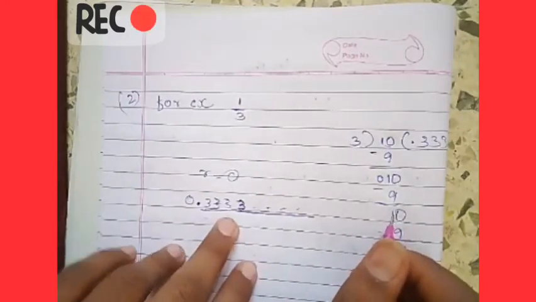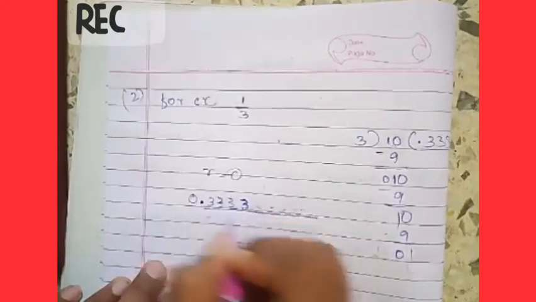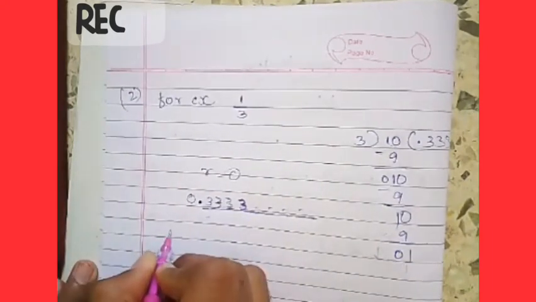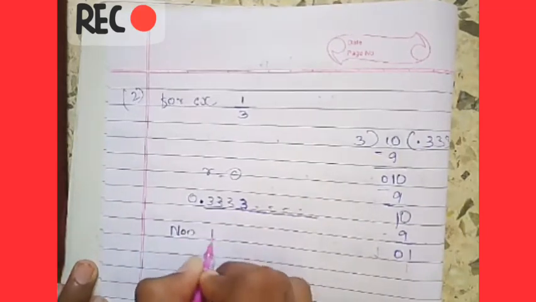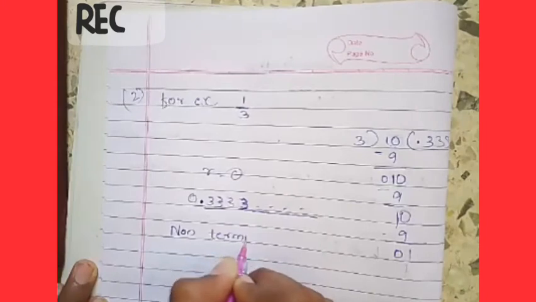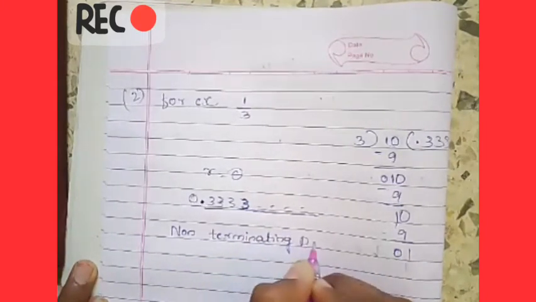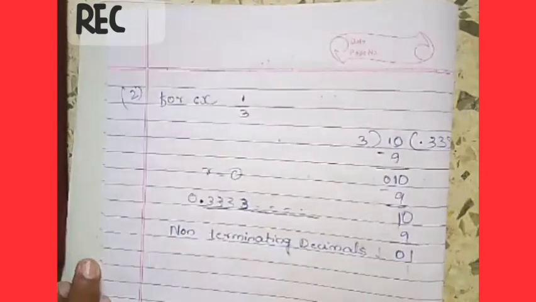These are infinite numbers after the decimal point. That is why we call this non-terminating decimals. Understood?